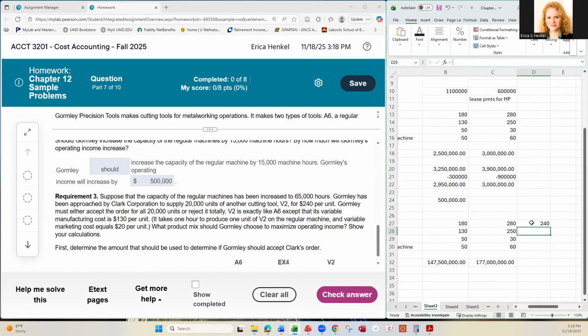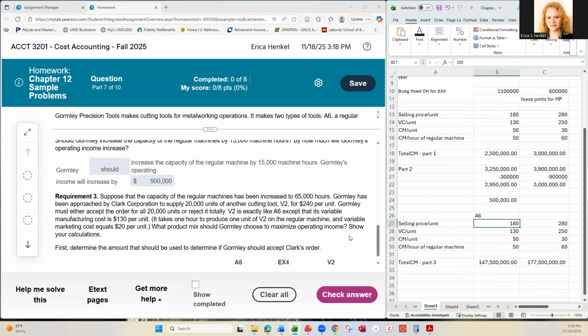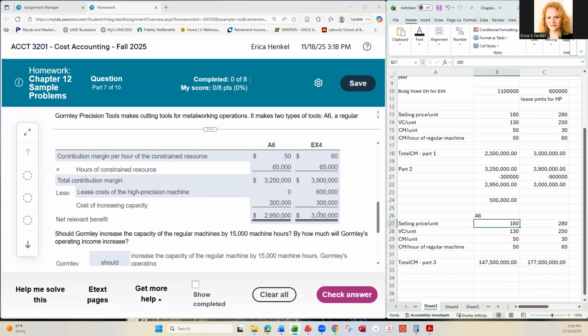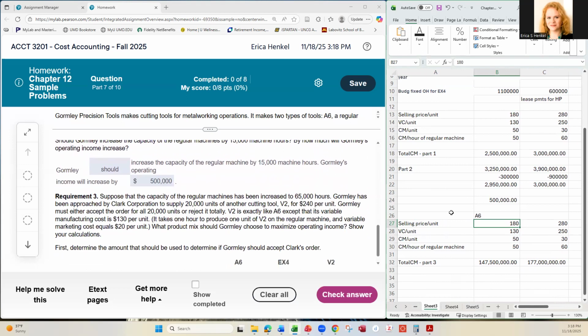It's exactly like A6. This one is the A6, by the way. Except that its variable manufacturing cost is $130 per unit. So wasn't that our one before? We had 130 up here too.